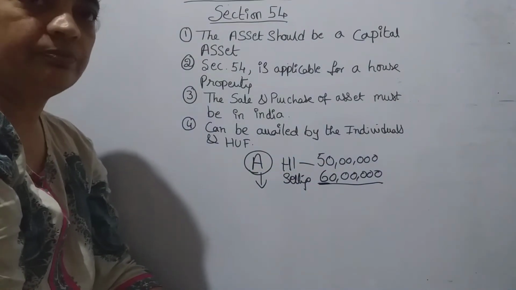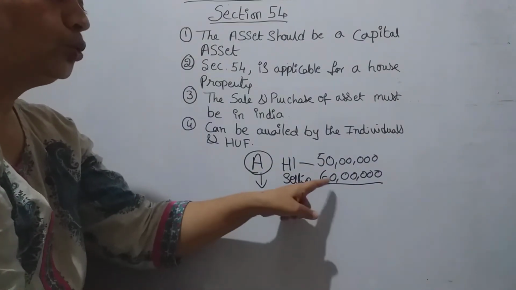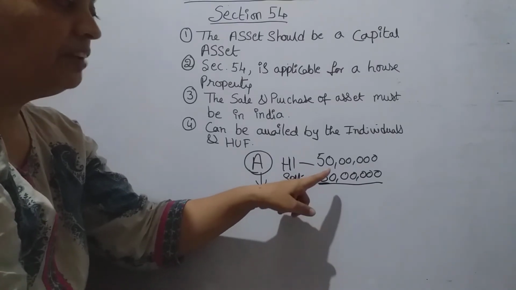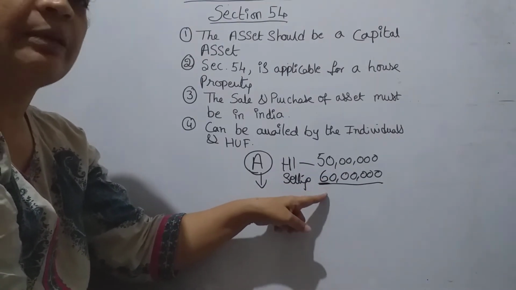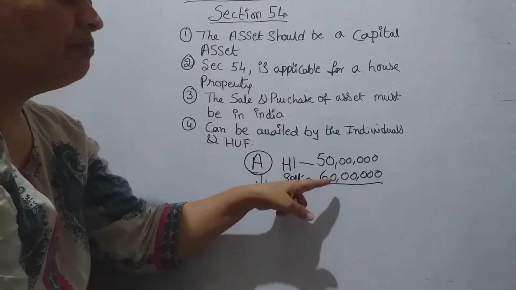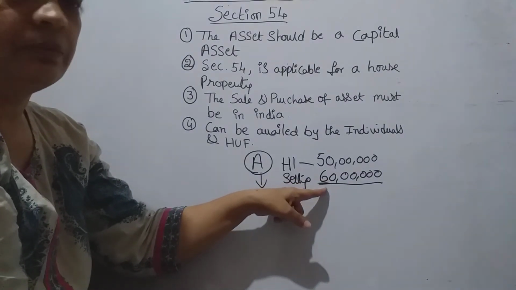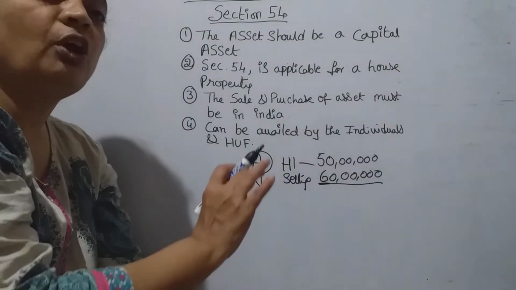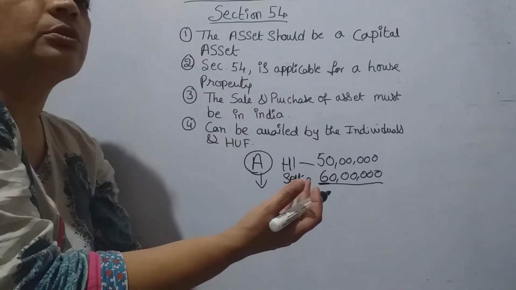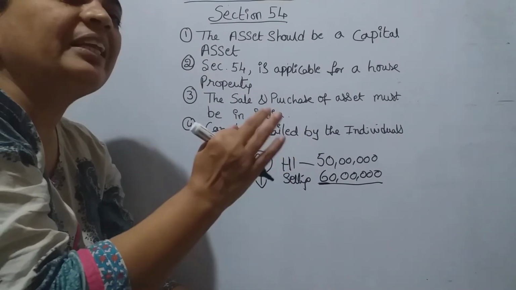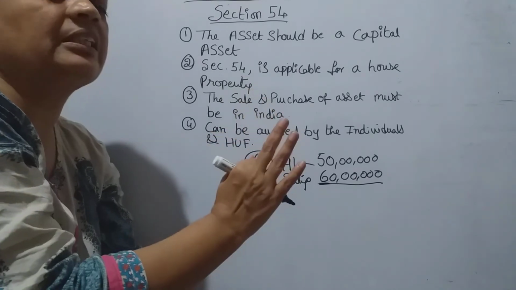And suppose you are constructing a house. You sold this property, and with this amount, or it can be more also, but it should be minimum this, you construct a new house, then the period is extended to 3 years.